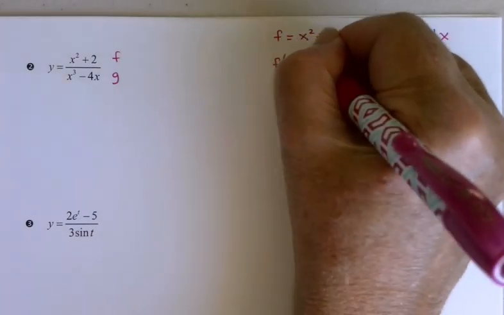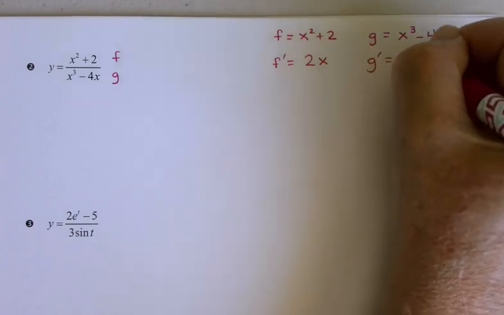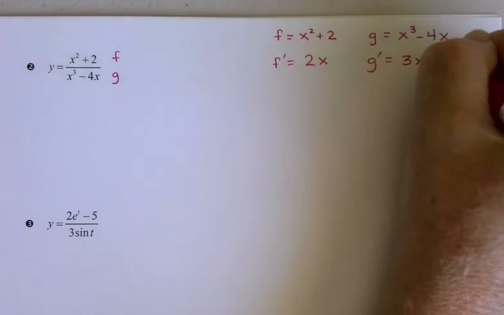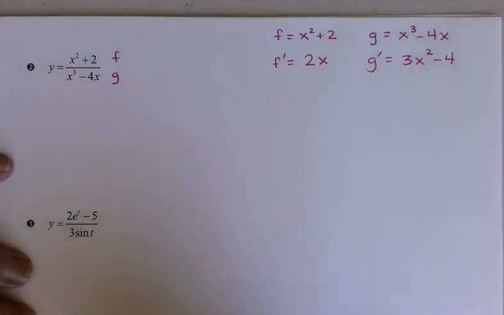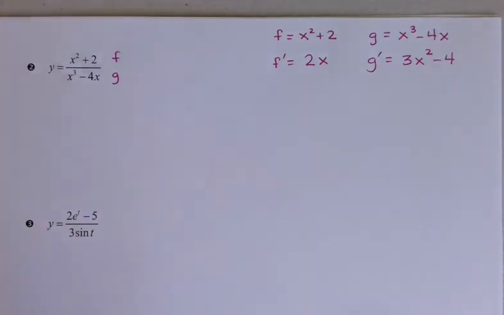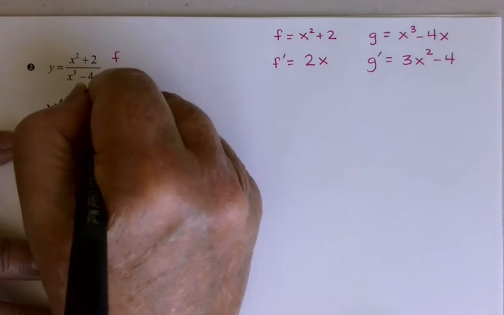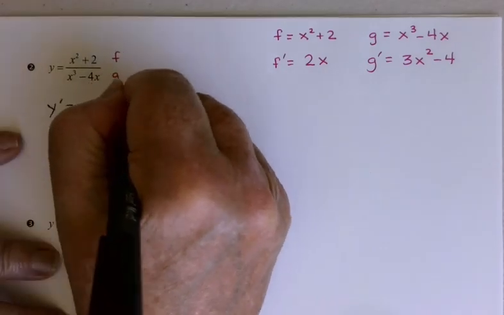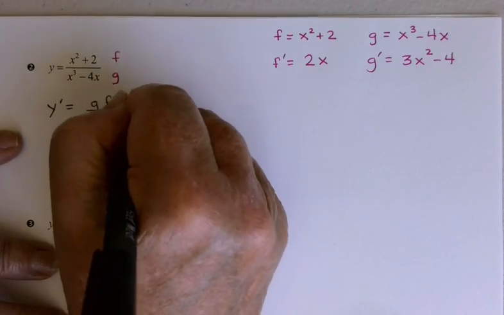That means that f prime is 2x, and g prime is 3x squared minus 4. So let's see, going to do my quotient rule. Y prime is going to be gf prime minus fg prime over g squared.